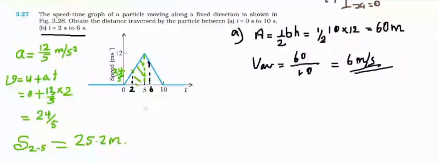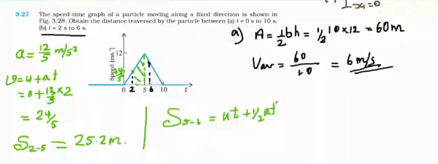Then next, the displacement from 5 to 6 seconds. To calculate displacement from 5 to 6 seconds, you can use directly the formula s is equal to ut plus half at square. And how much is u? u is 12, into how much is time?